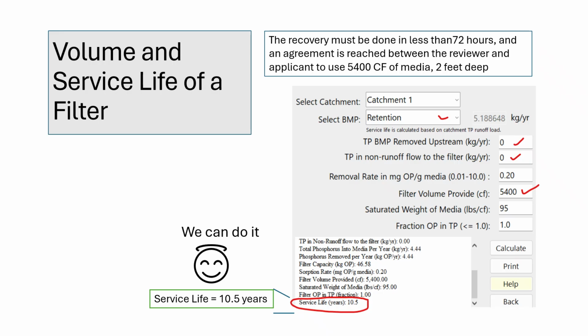A fundamental principle in filter design is that a greater volume, or weight of media, generally corresponds to a longer service life because it provides more capacity for pollutant removal. When selecting a media for nutrient removal, you must consider its inherent capacity to remove orthophosphate, or OP. This involves understanding the media's removal rate, typically expressed in milligrams of OP per gram of saturated media, along with its saturated weight.